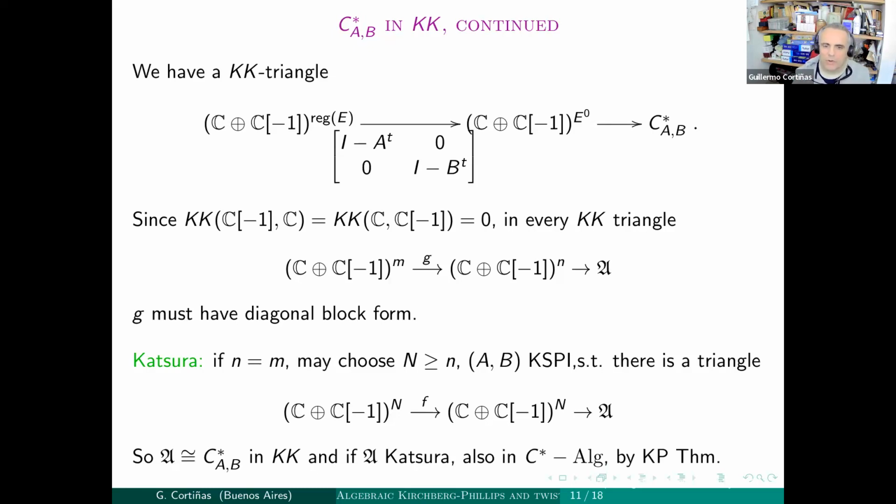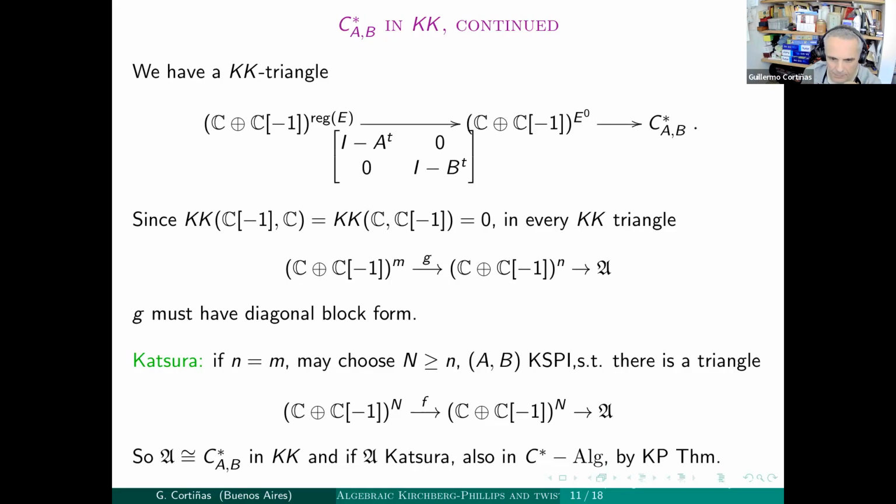Okay, so that's how he shows that the Kirchberg algebras with these finitely generated K groups are Katsura C star algebras.